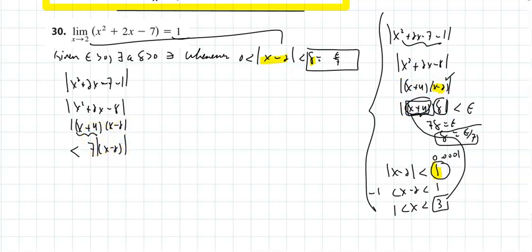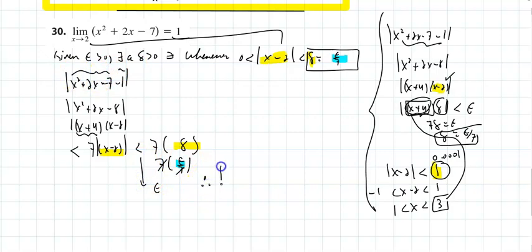And I'm going to say this is less than, guess what, my delta. And what does delta equal? Delta equals epsilon over 7. So I have an epsilon. So I took f of x minus L and I got it to be less than epsilon. Therefore, the limit as x approaches 2 of x squared plus 2x minus 7 equals 1.